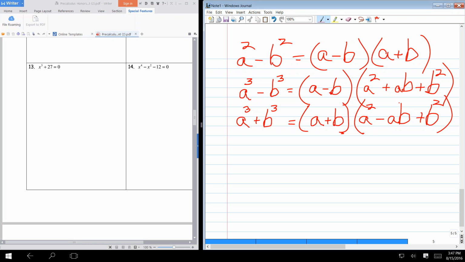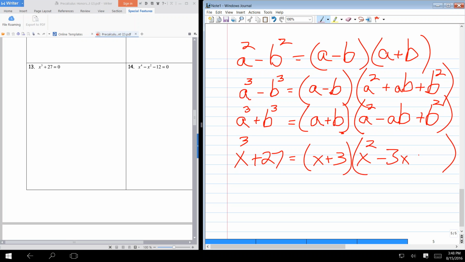Okay? So we're looking at the sum of perfect cubes here. So tell me how this is going to factor. So it'd be x plus 3, x squared minus 3x plus 9.